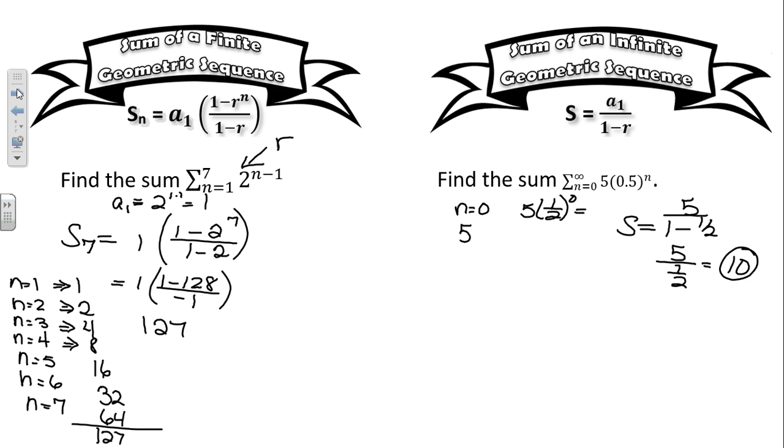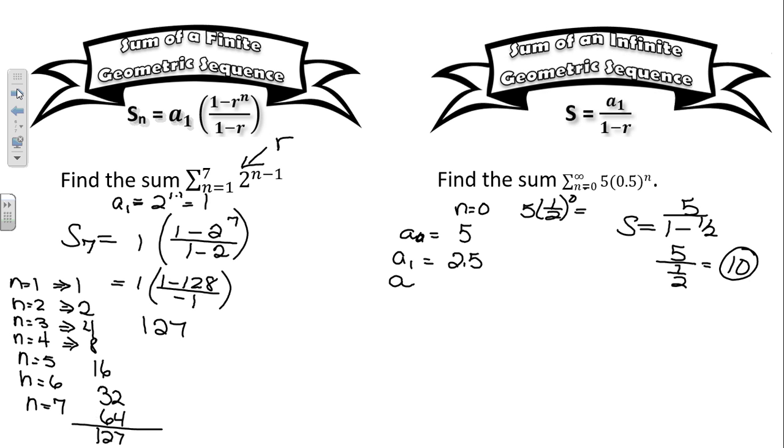Because the long way says our first term was 5. Our second term will be, we plug in 2, 1/2 to the second power is 1/4. 5 times 1/4, I'm sorry, I didn't plug in 1. This was a sub 0. I messed up on my indices. So we start from 0 to infinity, right? So a sub 1 will be 5 times 1/2 to the first. So 5 times a half is 2.5.